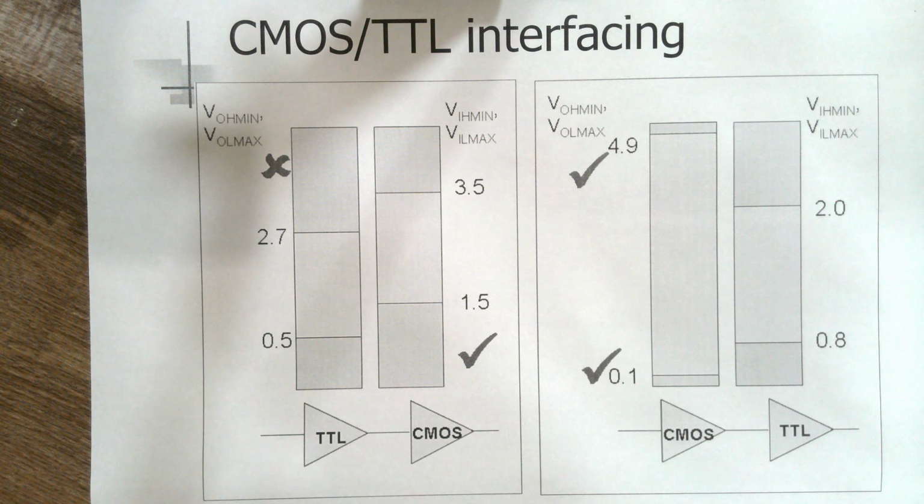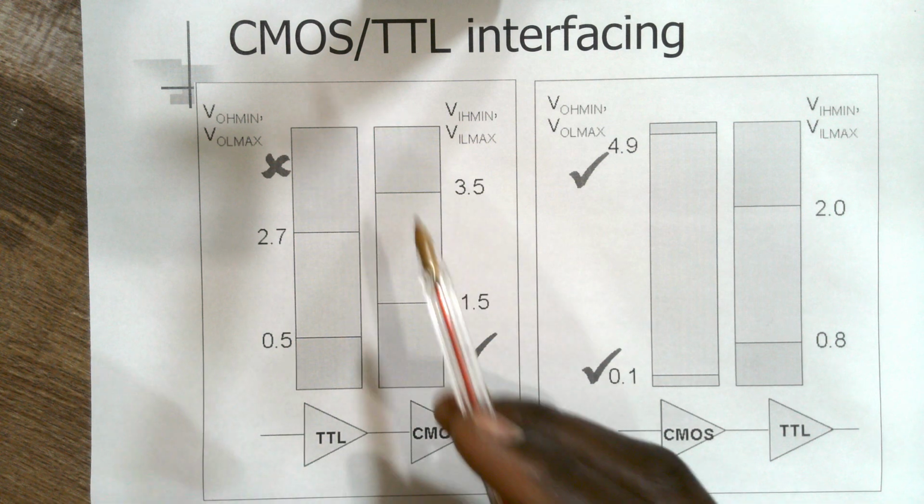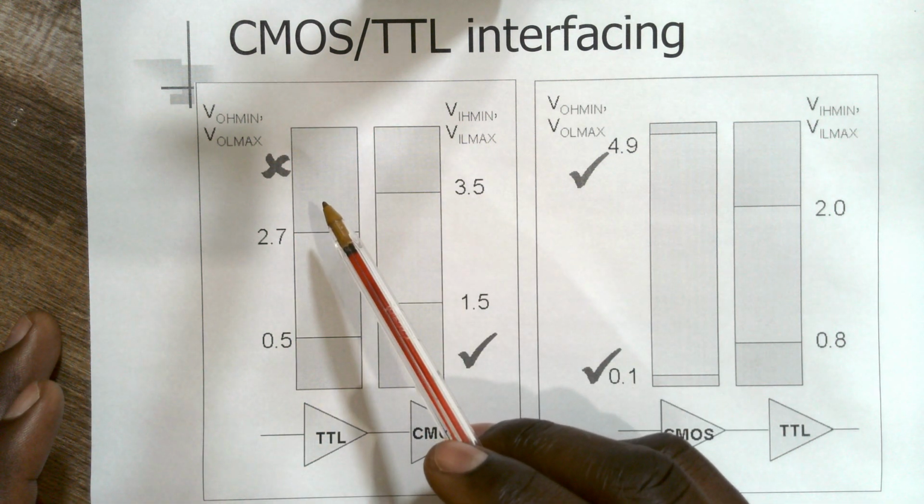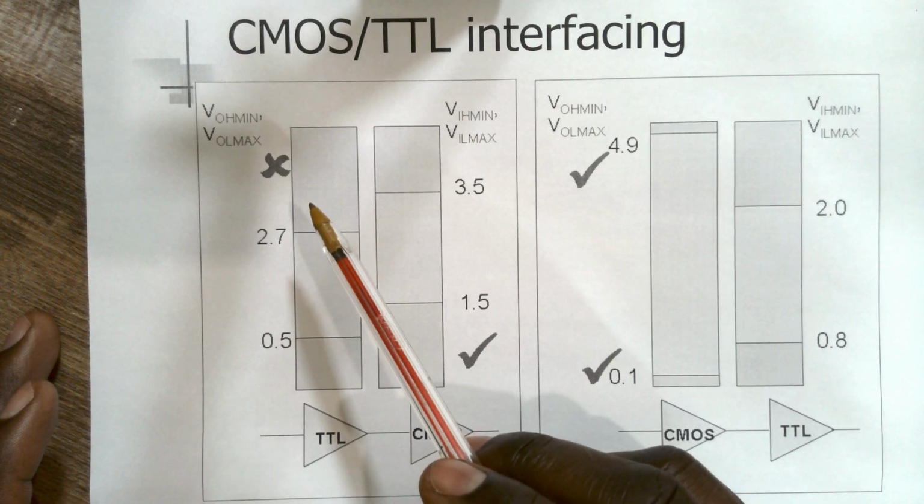And to know this, we have to look at the output voltage level profile for TTL technology and put it against the input voltage level profile for CMOS technology. And we now have to look at the logic levels for both of those profiles.